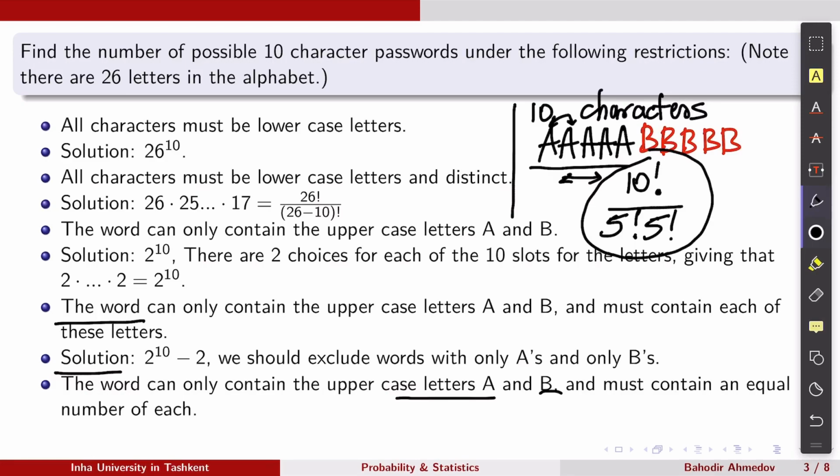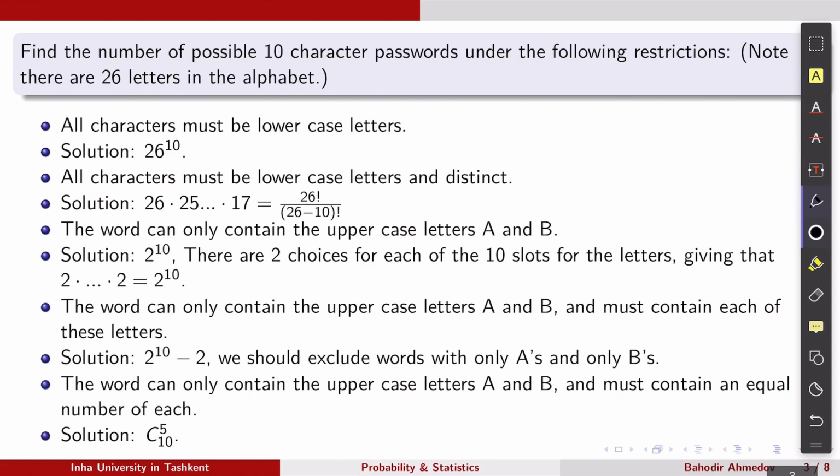So the number of the passwords which can be created using 5 A's and 5 B's is going to be 10 factorial over 5 factorial times 5 factorial. Or it's just the combination C(10,5), which formula-wise is 10 factorial over 5 factorial times 5 factorial. Oh, it's interesting that the permutations sometimes can be used as combinations, right?